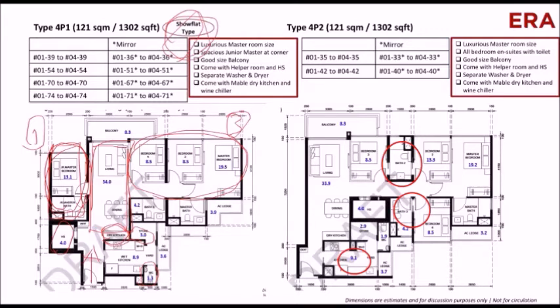So this is one of the 4 bedroom layouts. The other 4 bedroom layout that is not available in the show flat is the typical 4 bedroom unit. What I mean by a typical unit is that all the bedrooms are connected to one side of the space.